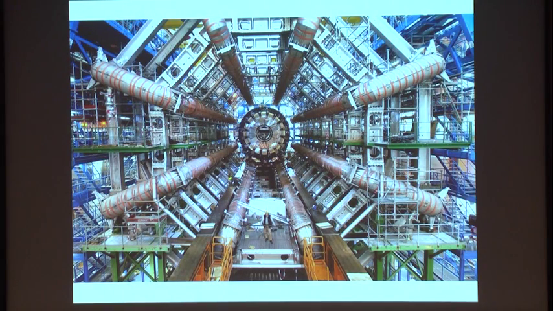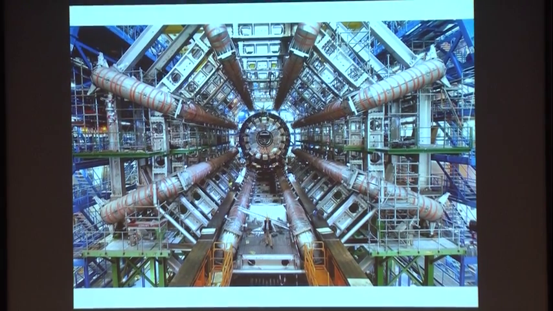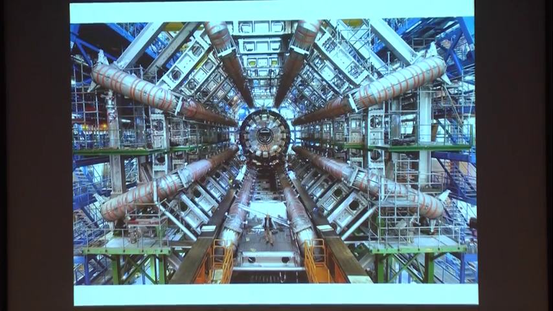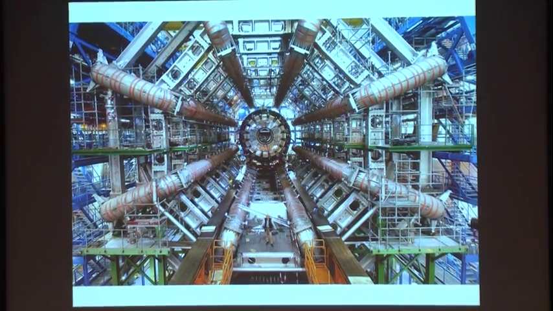This is the Large Hadron Collider, where you have millions of detectors that are located around the point of collisions of particles. And this particular instrument can produce a petabyte of data per second, which is a gigantic amount of data.